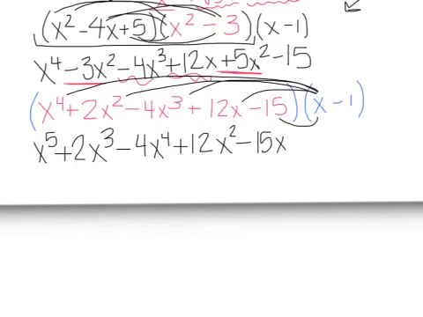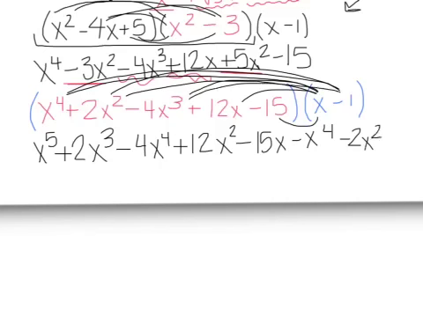Now we need to do the negative 1 to everything over there. So negative 1 times x to the fourth is negative x to the fourth. Negative 1 times 2x squared is negative 2x squared. Negative 1 times negative 4x to the third will give us a positive 4x to the third.